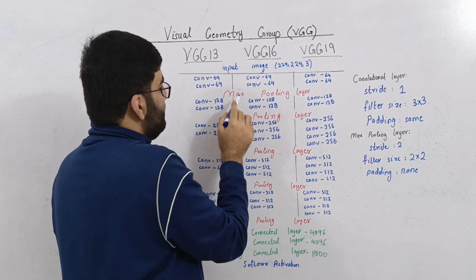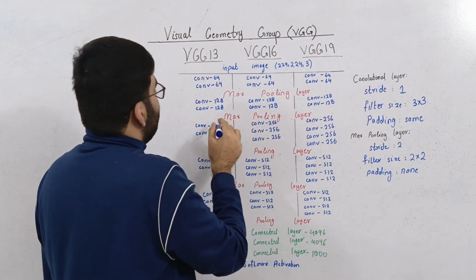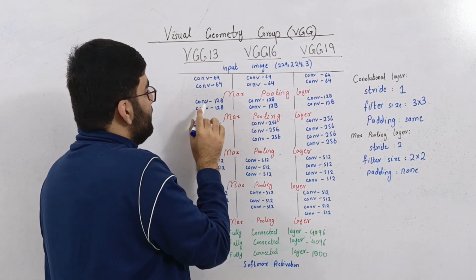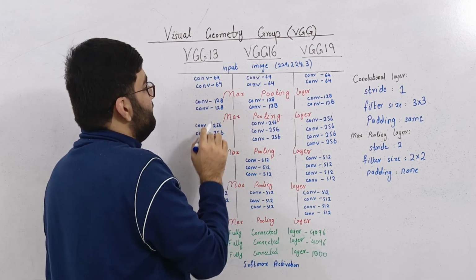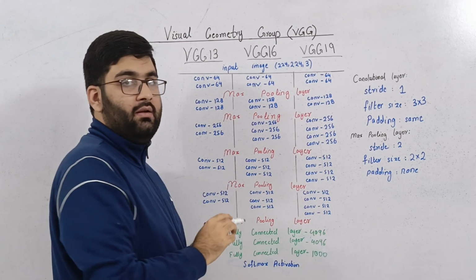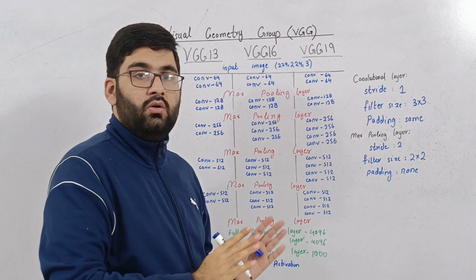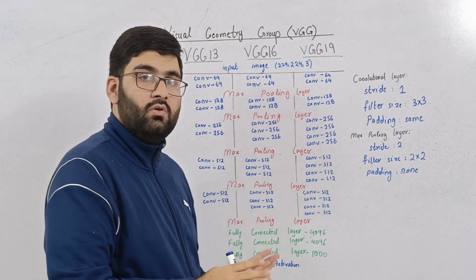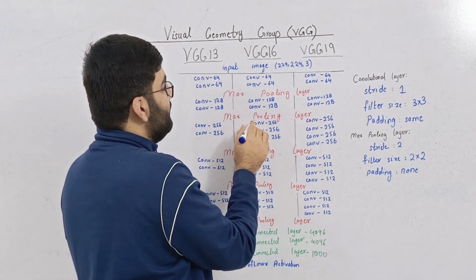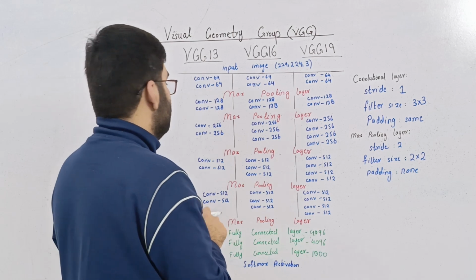After that, there is a max pooling layer. And after that, each of the 3 again has 2 layers, each with 128 filters. Then again there is a max pooling layer. If you can recall, the max pooling layer shrinks or reduces the dimensions of the input, so it is added here to keep the dimensions in check.